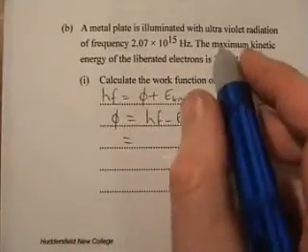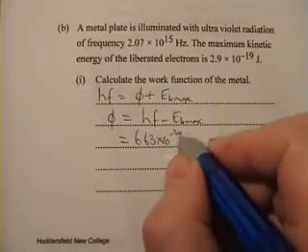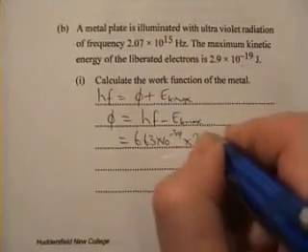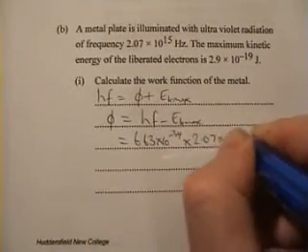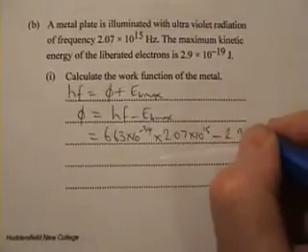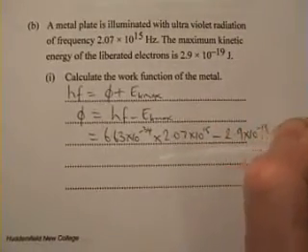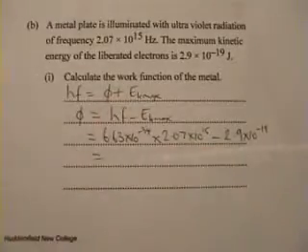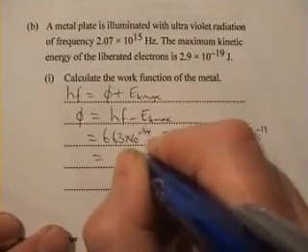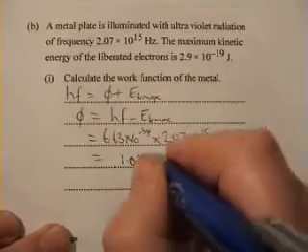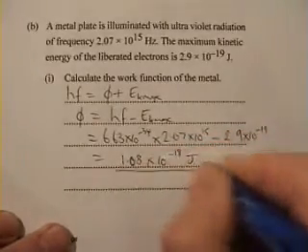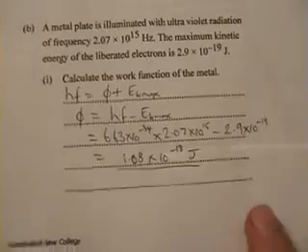So 6.63 times 10 to the minus 34 is Planck's constant, times the frequency, 2.07 times 10 to the 15, minus Ek max, 2.9 times 10 to the minus 19, and that gives us a work function of 1.08 times 10 to the minus 18 joules. You'll get a different answer, but you should use the same method.